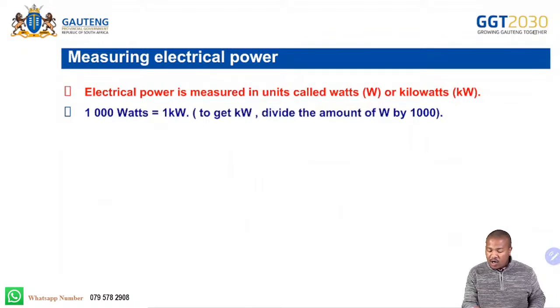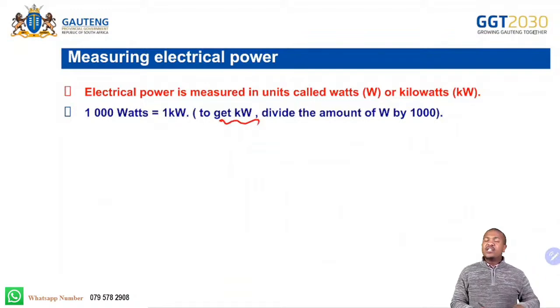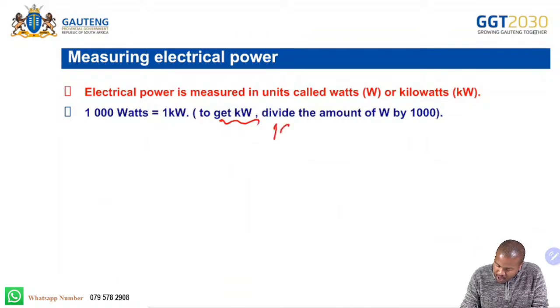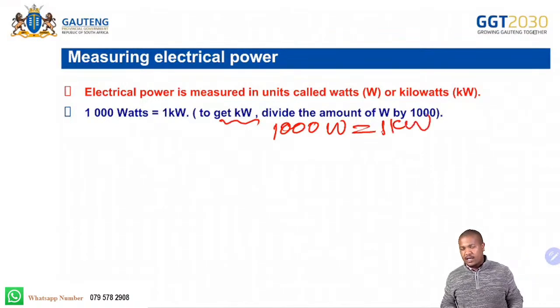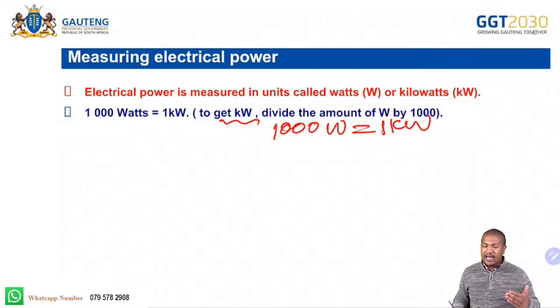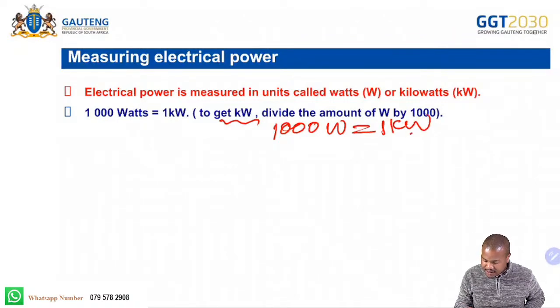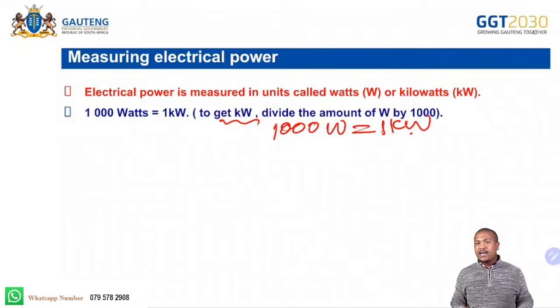To get kilowatts, we divide the amount by 1,000, because 1,000 watts give us 1 kilowatt. If we are moving from kilowatts to watts, we multiply by 1,000. Are we together?